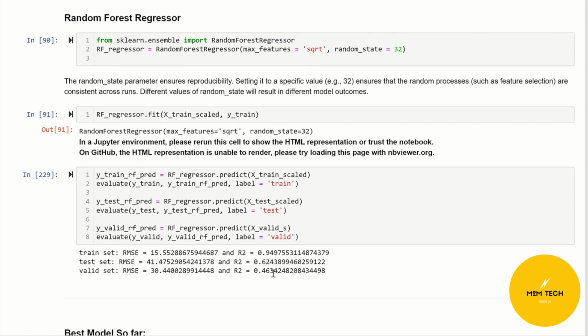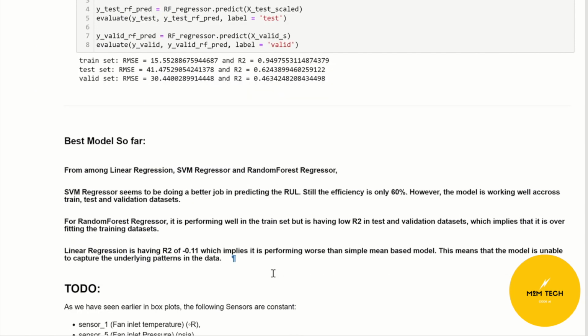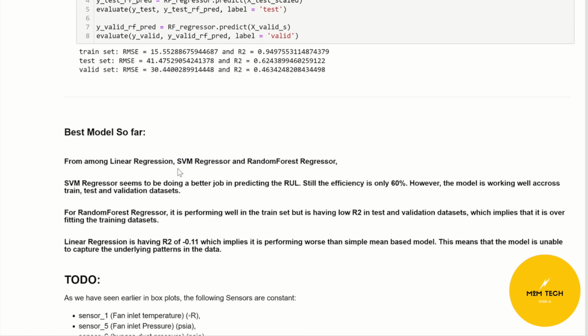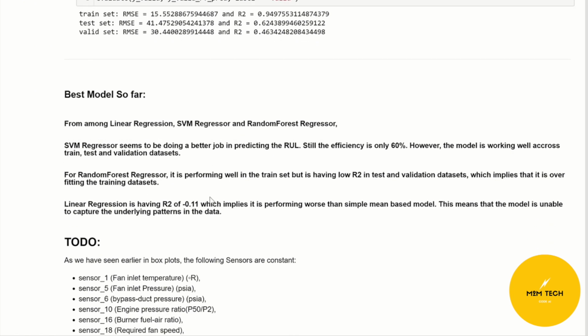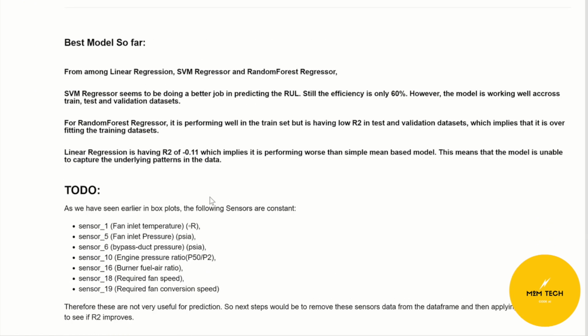So, from the three algorithms that we used so far, the linear regression, SVM regressor, and the random forest regressor, the SVM regressor is doing much better. However, it is only giving us an efficiency of 60%, but it is the same across the testing dataset, training dataset, and also the validation dataset.